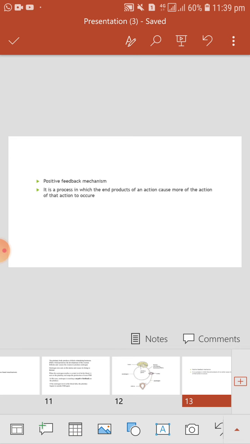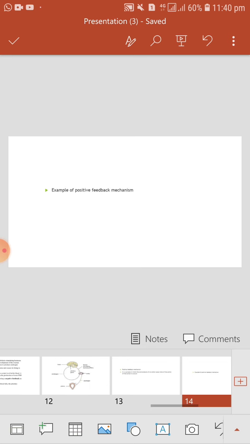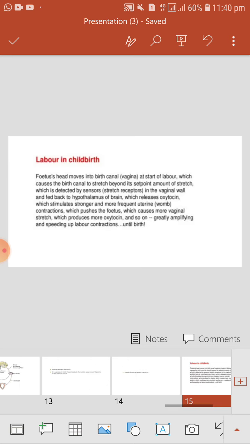On the other hand, the second type of feedback mechanism is positive feedback. It is a process in which the end product of an action causes more of that action to occur. We will take the example of labor in childbirth.